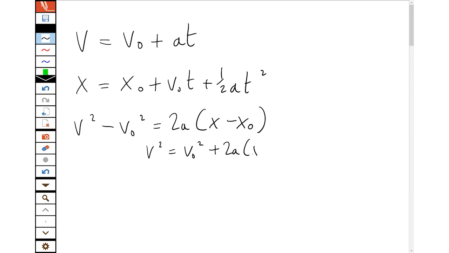You can see it's exactly the same equation, whichever you want. There's also a little sort of novelty one. Because the acceleration is constant, you can say that the average velocity is the new velocity plus the old over 2. That one's used a bit less, but it's on the course, so we might as well have a wee look at it.